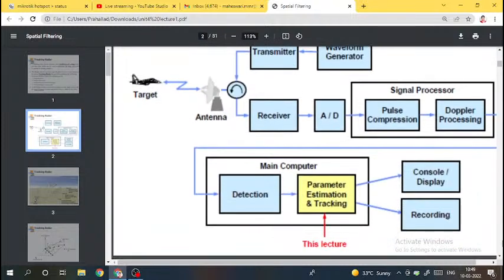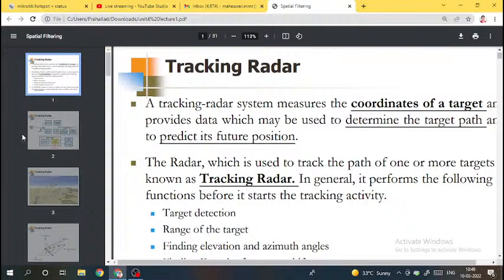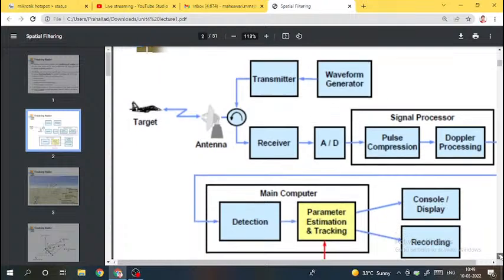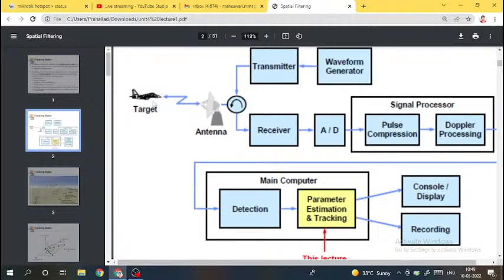Next is a simple block diagram of the tracking radar. You have a tracking radar here, the entire tracking radar, and you have a target. Your radar system consists of a transmitter, a waveform generator, and a duplexer and receiver. Here you have a signal processing unit and a main computer for detection.